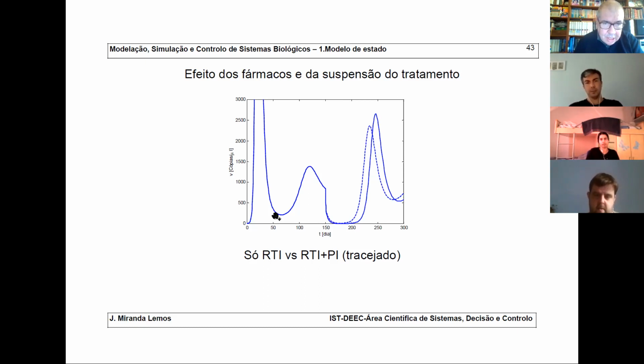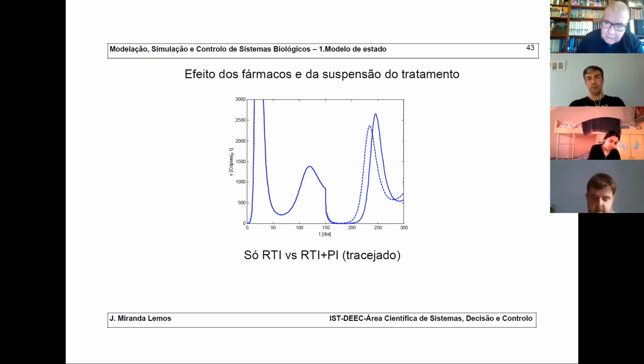So you can study with this model things like using just one drug or two combined drugs. It's the dashed line, which is a little bit better. One thing which is not modeled here is that you can have different galenic formulations. When you take a drug, there is one part which is the so-called active principle, and the rest is something that gives volume.